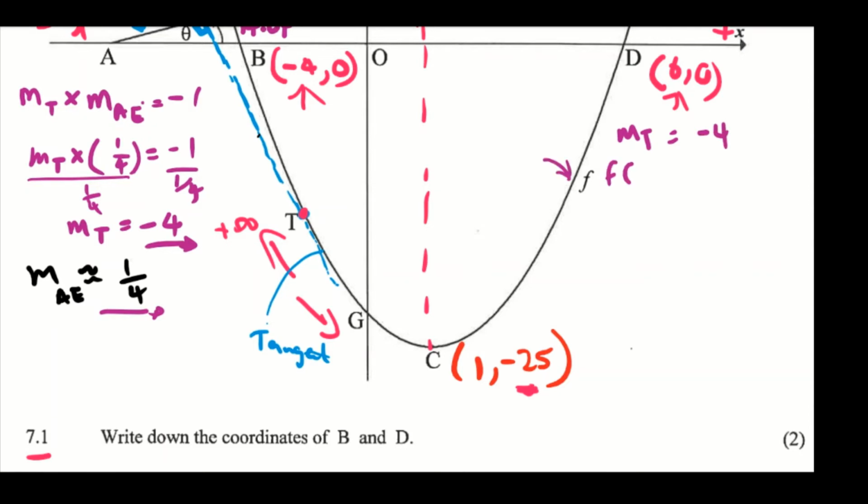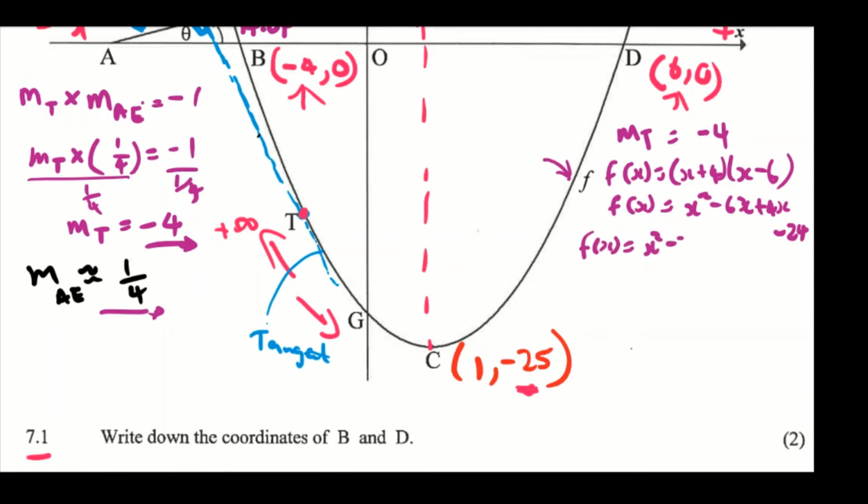So the function of f is given as (x plus 4)(x minus 6), right? To find the product, f of x is equal to x squared minus 6x plus 4x minus 24, and then f of x is equal to x squared minus 2x minus 24. So this is the product of f of x, right?